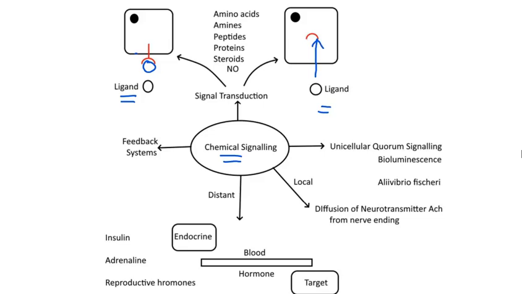which are intracellular. There are a wide variety of molecules which perform this role as a ligand, as a chemical signal, and I've listed those here. In broad terms, the steroids tend to fall into this category on the right-hand side, interacting with intracellular receptors, whereas the other ones, amino acids, amines, peptides, and proteins, tend to interact with cell membrane receptors.